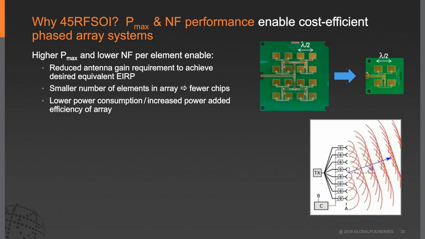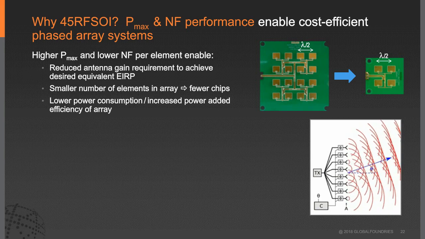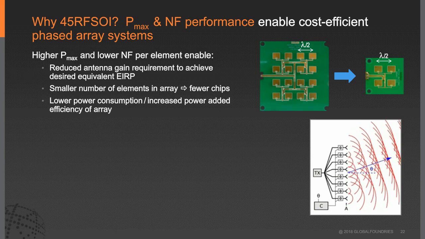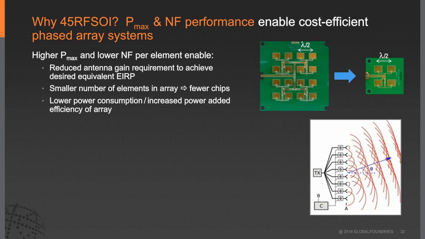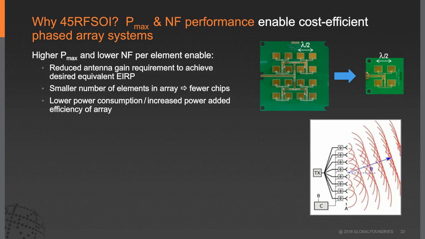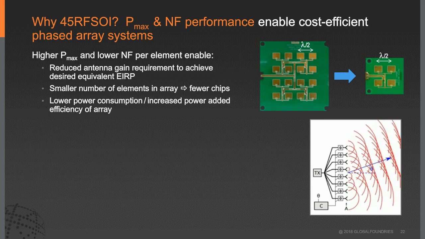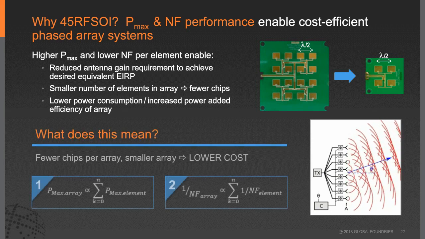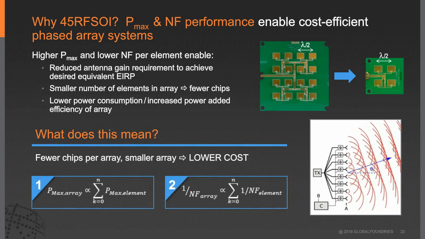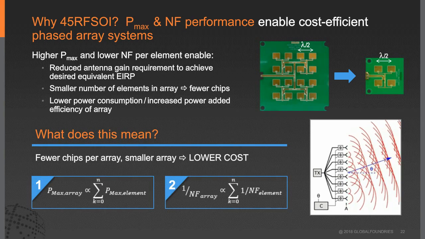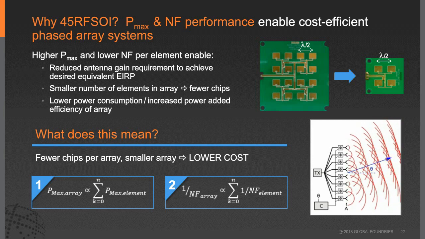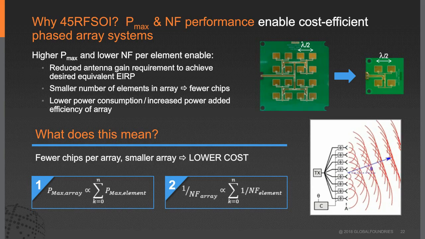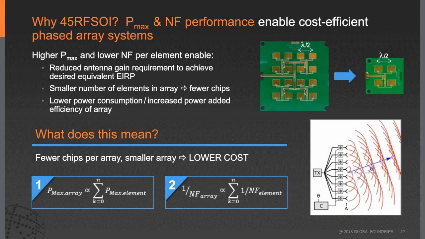We have demonstrated 1.9 dB as a noise figure, and we are going to demonstrate some more results at RFIC, coming up in May, with even lower noise figures per element for the low noise amplifier. This boils down to fewer chips per array, a smaller array, and so lower cost. That's the key benefit that 45 RF-SOI provides, in the key figures of merit we talked about in the impact of semiconductor technology slide, and this has a huge impact on that.